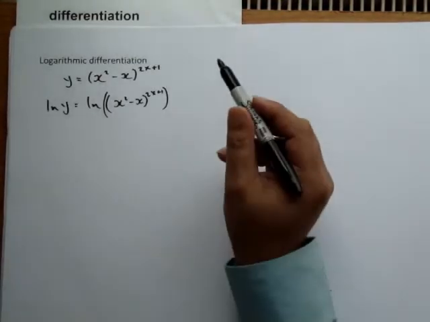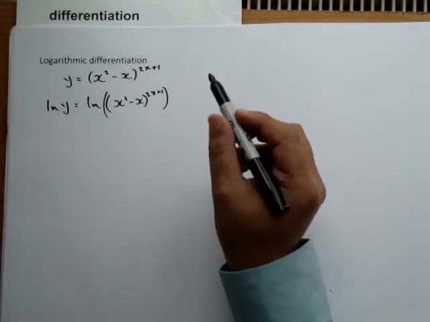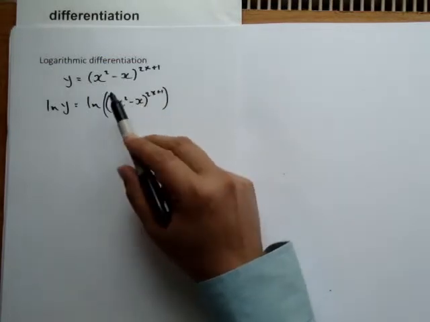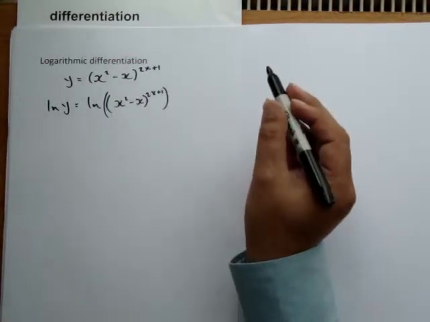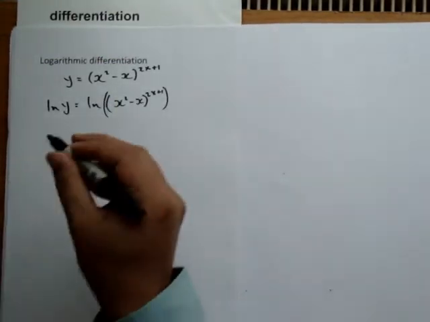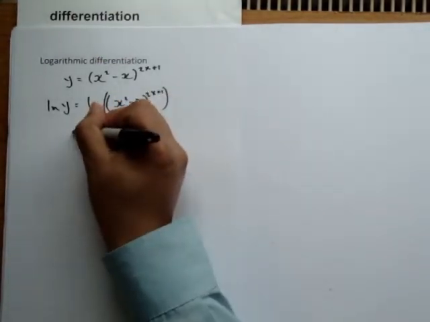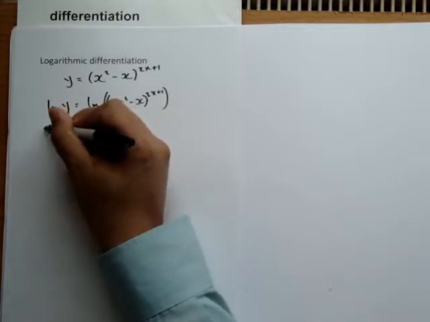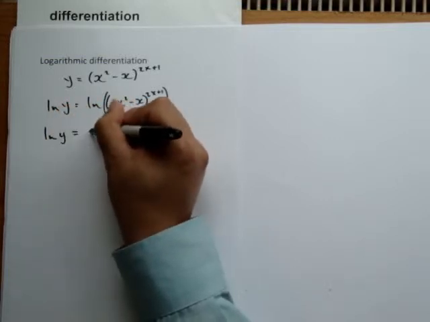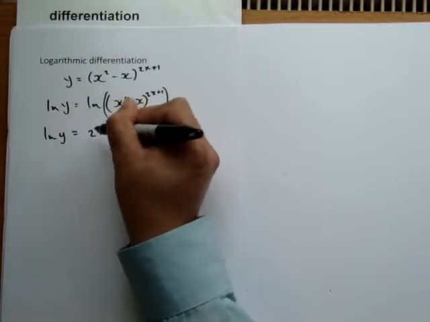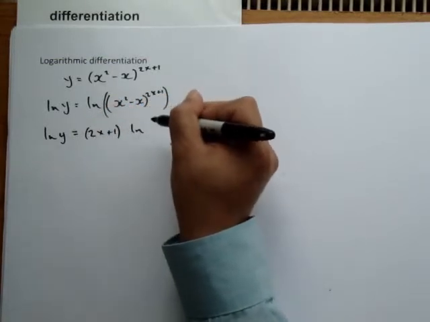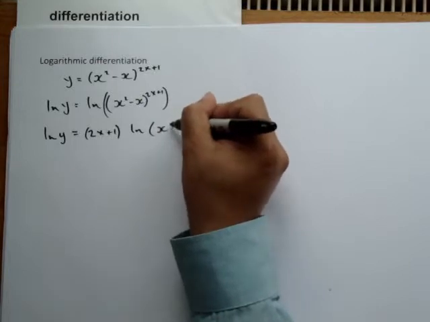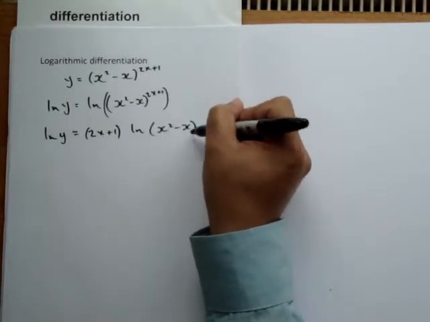Now when we bring the 2x plus 1 down, we get 2x plus 1 times the natural log of x squared minus x.